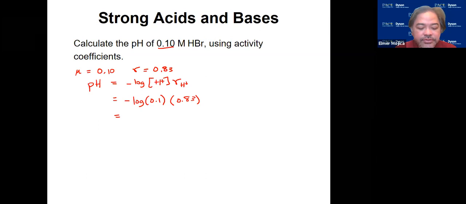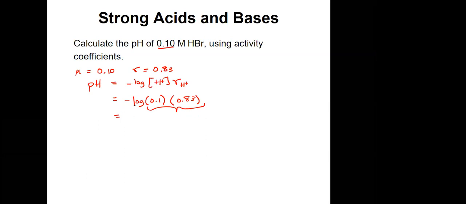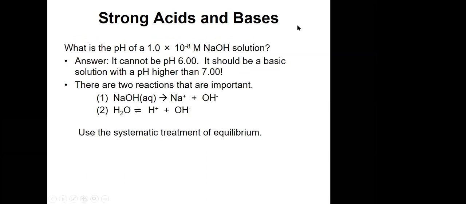Trying to see 0.1 times 0.83, log. So I have to check the thing. I think you have to do this first and then get the log. Yeah, I think so too. That makes more sense. It gives a different number.